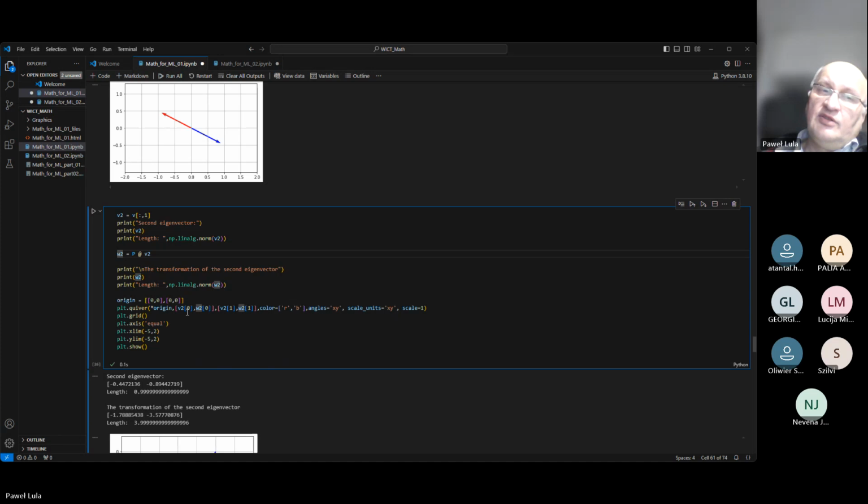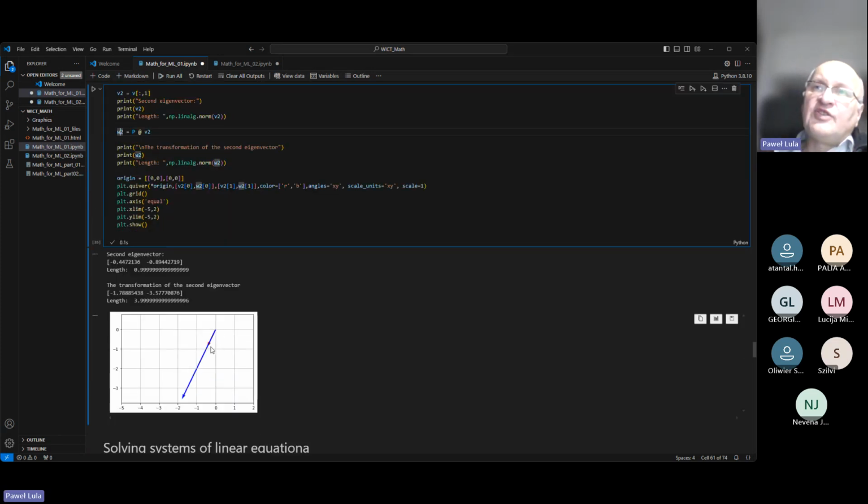This eigenvector, V2, and the vector which I obtained as a result of this transformation. The original vector is here. It is this red one, so it started at point 0, 0 and ends here. And the result, the W2 vector, is this blue vector.